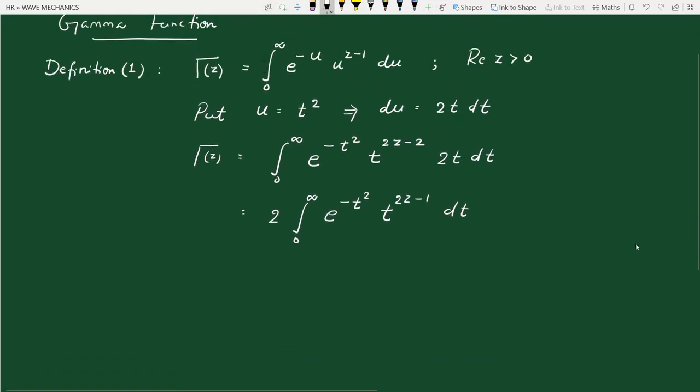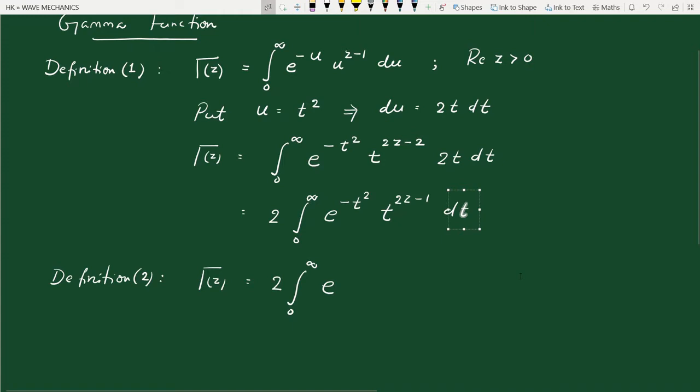Okay, so this is the second form of gamma function. Even though it is the same definition, since it's a different form, let me call it definition 2. So gamma z is 2 times the integral 0 to infinity. And now I can change from t to u because it's an integrating variable. We are doing a definite integral, so instead of t, let me use simply u.